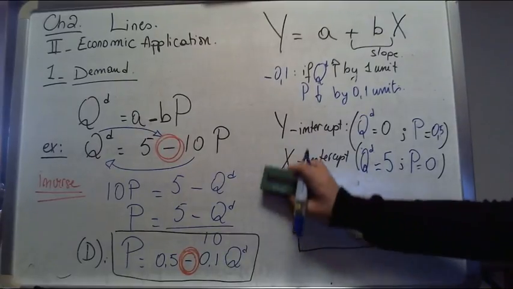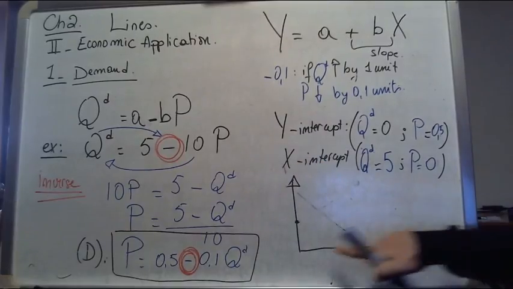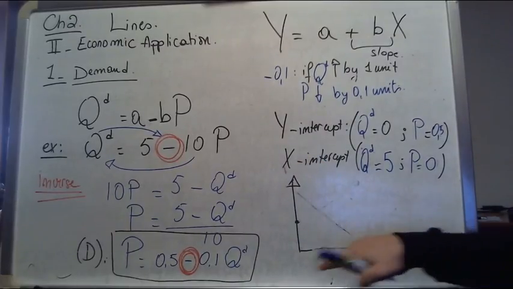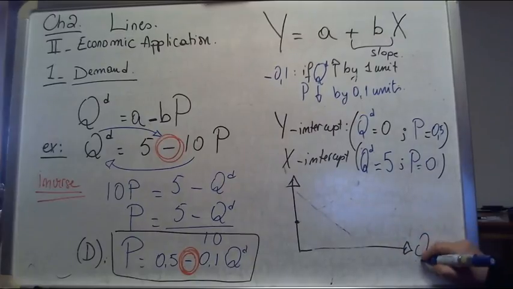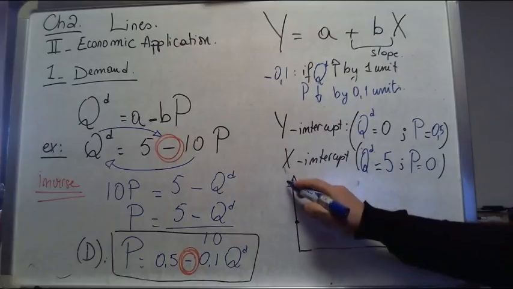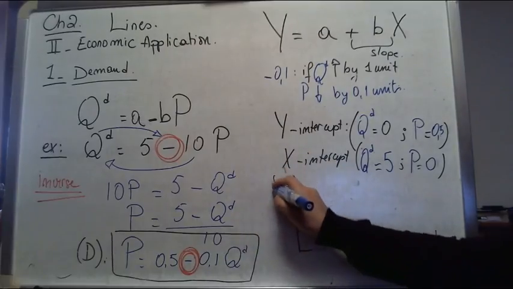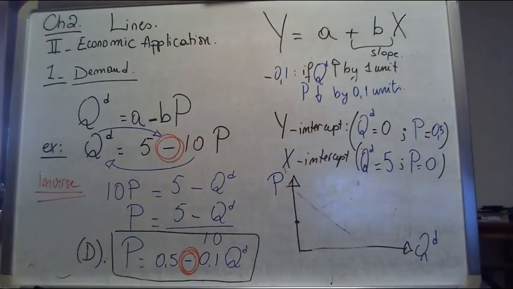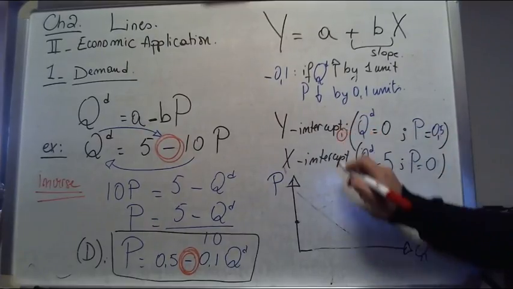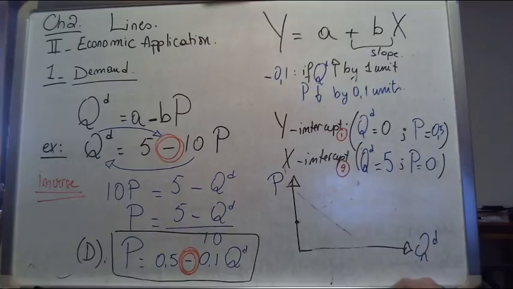Let's draw the demand line. On the x-axis, we have QD. On the y-axis, instead of y, we have P. Let's take 2 points to draw this line. Here's the first point, and this is the second point.